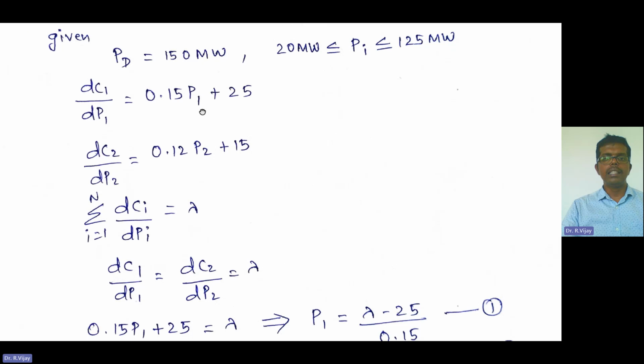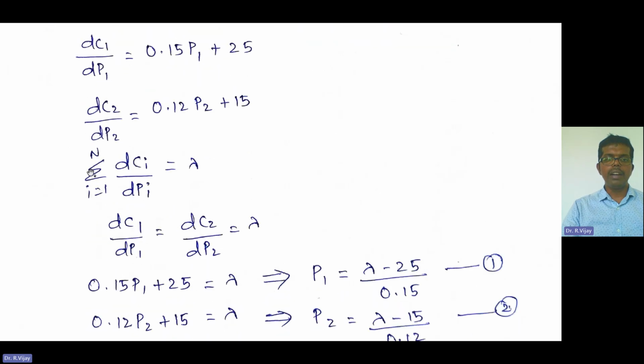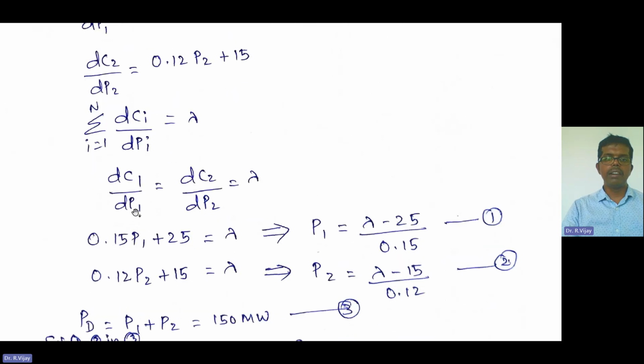This is the general formulation we already derived: summation i equal to 1 to N of dCi/dPi is equal to lambda. That is dC1/dP1 = dC2/dP2 = lambda. The problem is already given in this format, so we need to equate each to lambda.